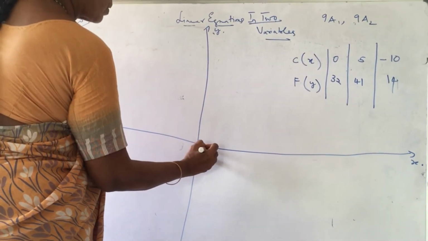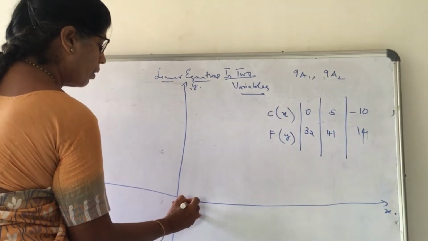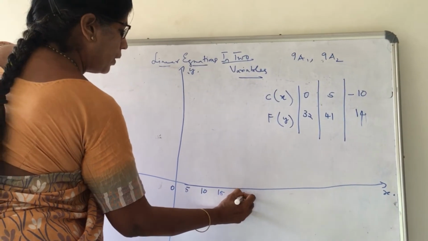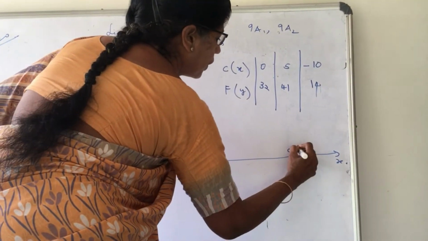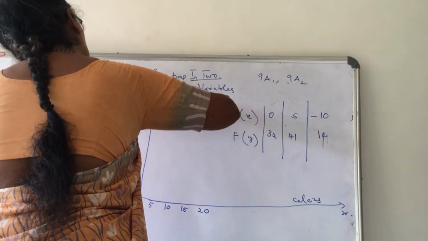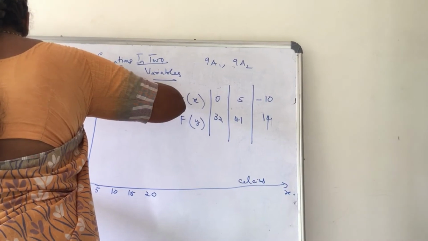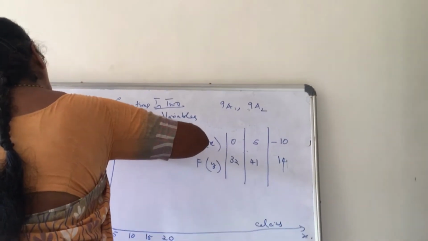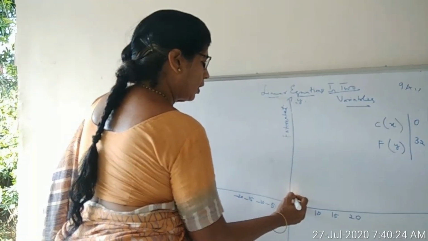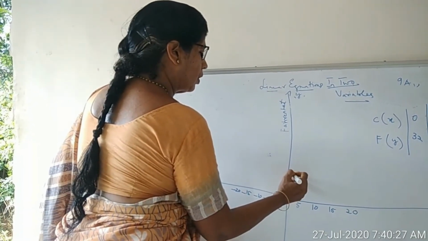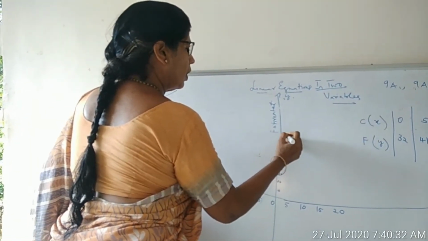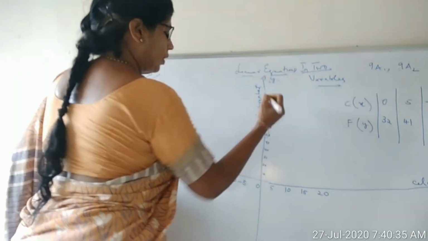On x-axis, children, you can take 5, 10, 15, 20. This is Celsius, children, on x-axis, and on y-axis, we are taking the Fahrenheit. On y-axis, children, take 10, 20, 30, 40, 50, 60, 70, 80, 90, 100.